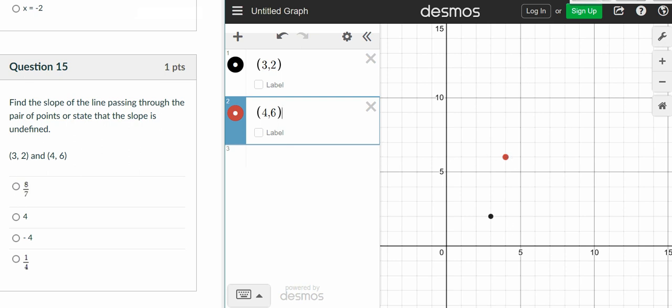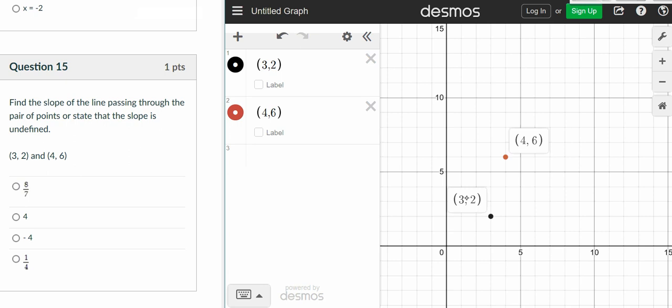4, 6. So then the rise over run, rise is how many? From here goes 1, 2, 3, 4. Okay. So then it's really 6 minus 2. What is the run? Horizontal distance between those 2 points.